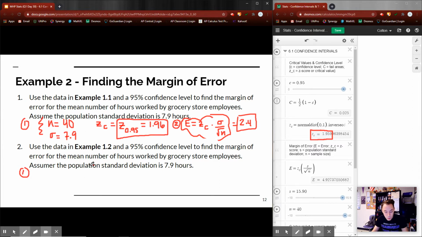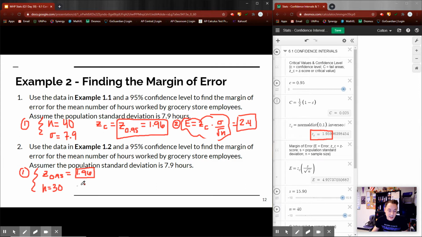So what do I do here? I need to first list out all my different variables. So now I know my C level is 0.95, my critical value is still 1.96. That has not changed. My n though has changed, and that's going to be 30.